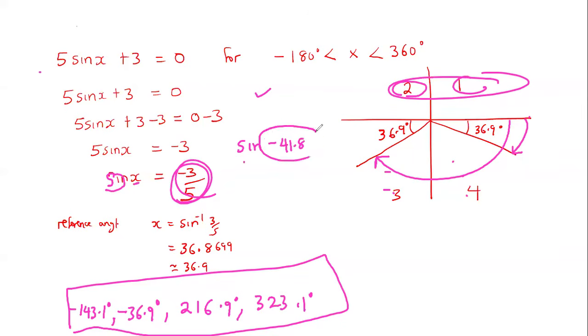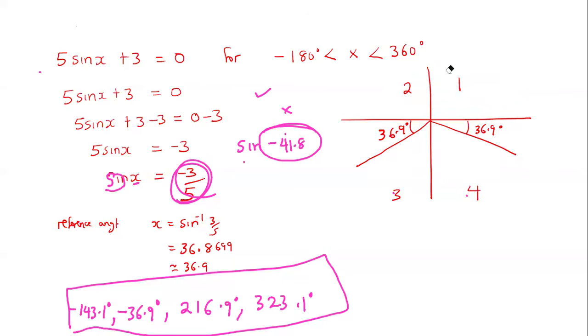So this one, it is not okay. How did you get this? I got that one when I moved clockwise so that I get the negative angles. What was your reference angle?